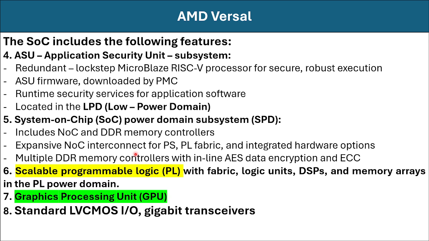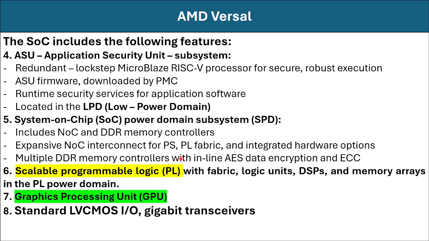Extensive NOC interconnect for the processing system, also programmable logic fabric and integrated hardware options. So it says that on one side there is a network on chip part, which is interconnected with the PS and PL subsystems inside of the system on chip.